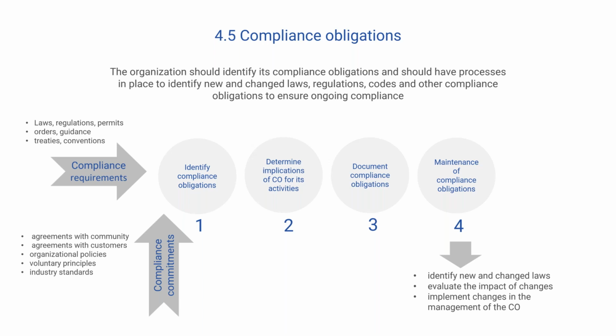And that's for your standard manufacturing operation. We're not talking about heavy industries such as oil and gas or chemicals, but the average manufacturing facility has about 1,500 compliance obligations. So you probably have a lot more than you think.